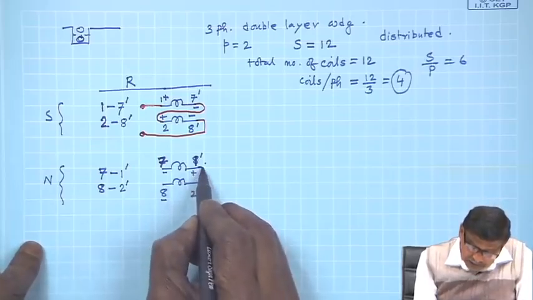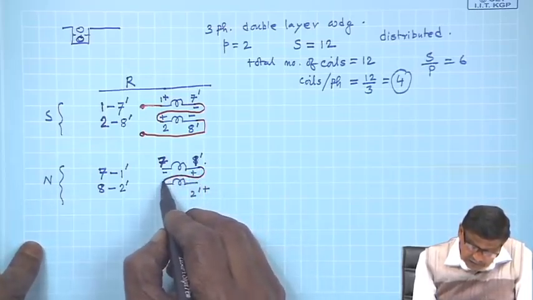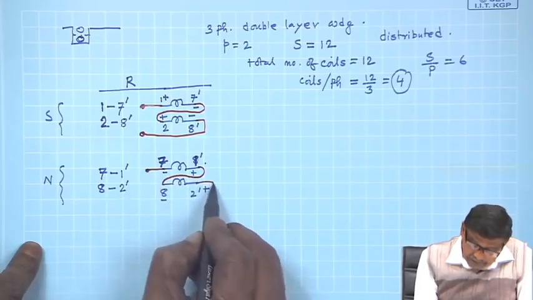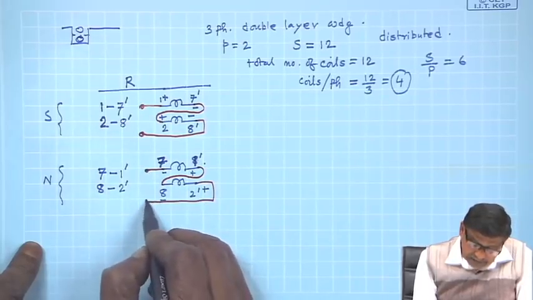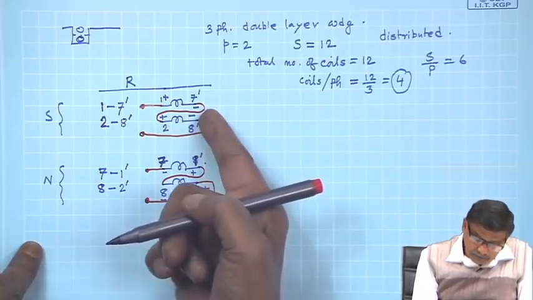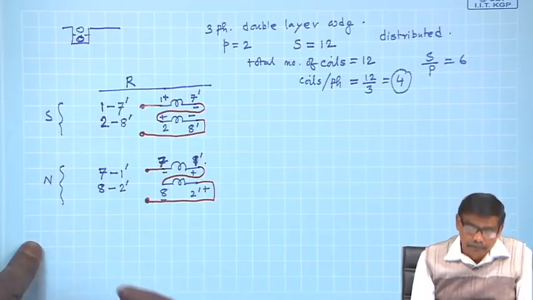Similarly, these two I can connect in series and I will get its terminal like this. Okay. So, this is called the first group and this is the second group.